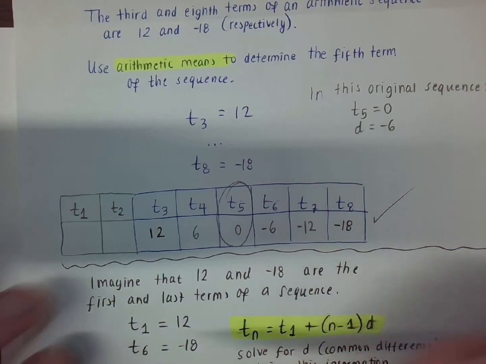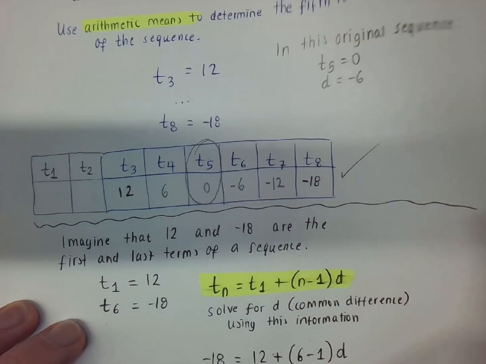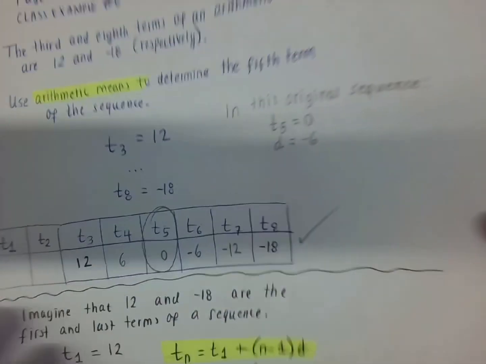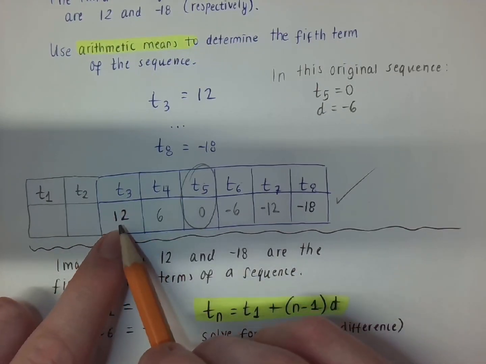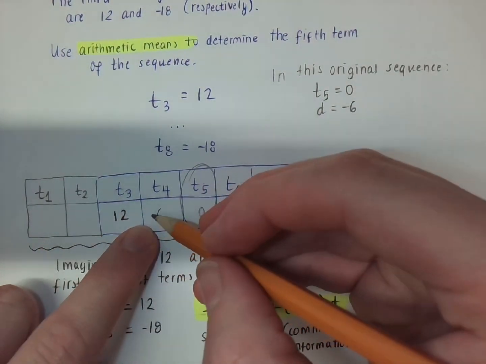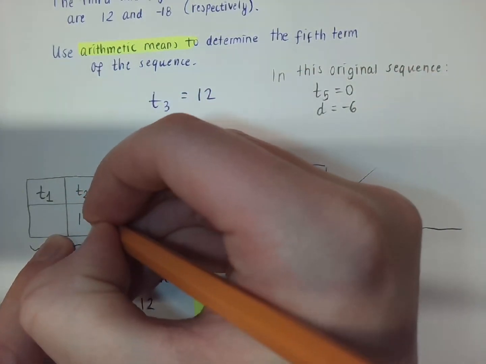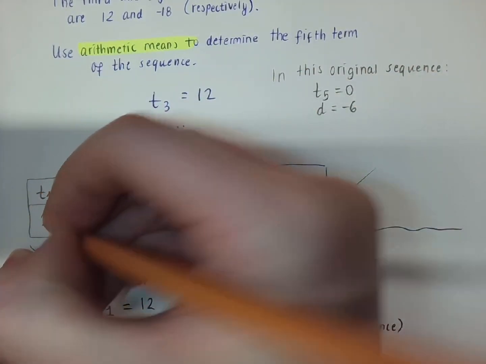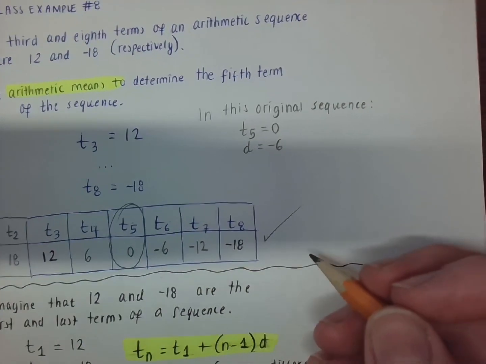I did this thing where I was pretending that this was my first term, this is my second term, but that was just to find D. Technically, you can see how you could find the first term. You'd be going up 6, 18, 24.